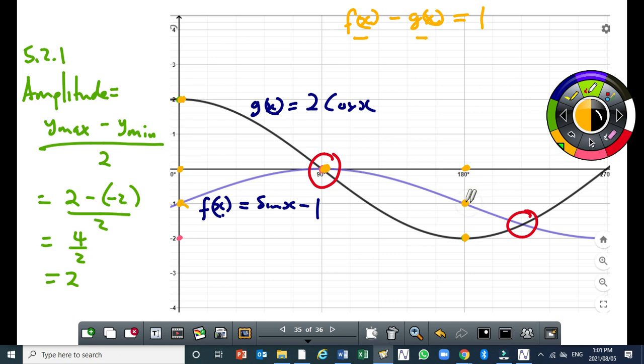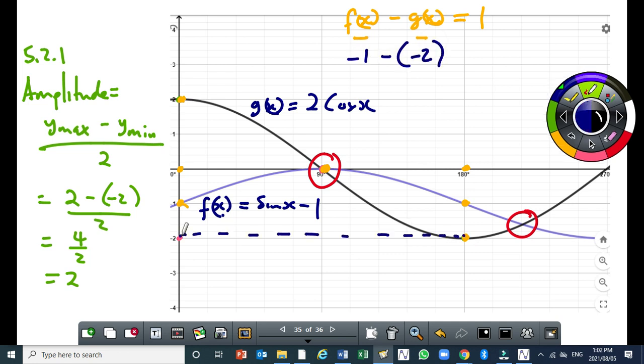So if I put minus 1 for f of x minus minus 2, because the value of y here is negative 2 for g of x, and the value of y for f of x there is minus 1. If I simplify this, I'll get 1, because minus 1 plus 2 gives me 1.